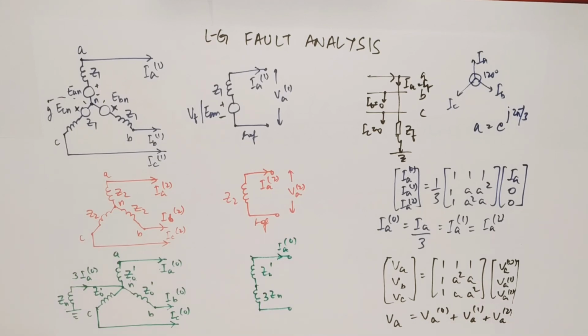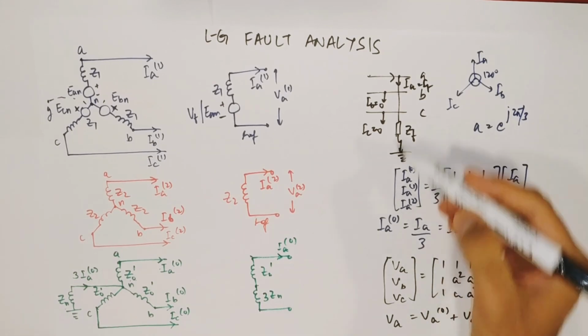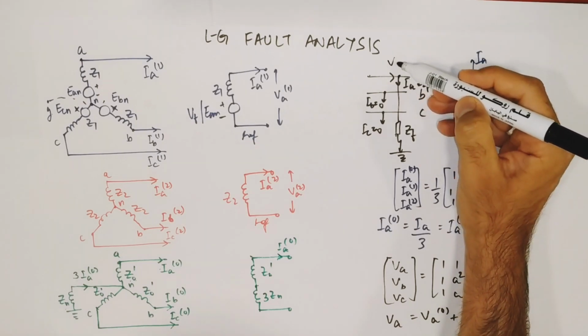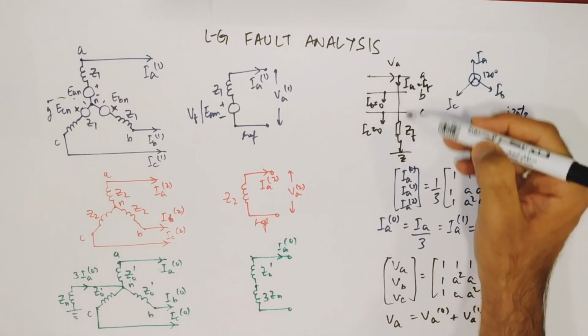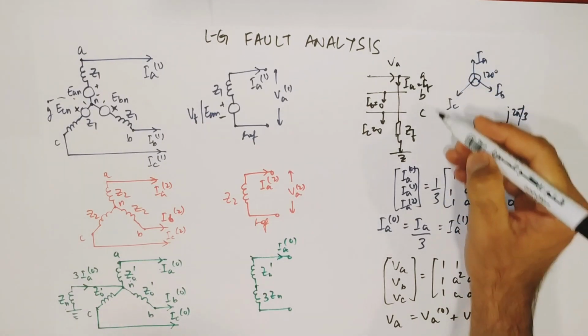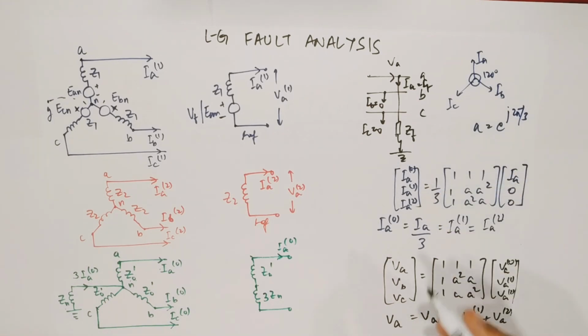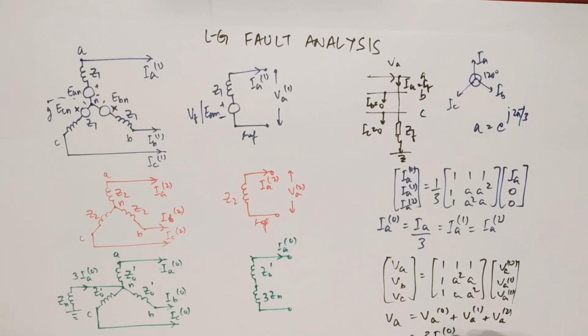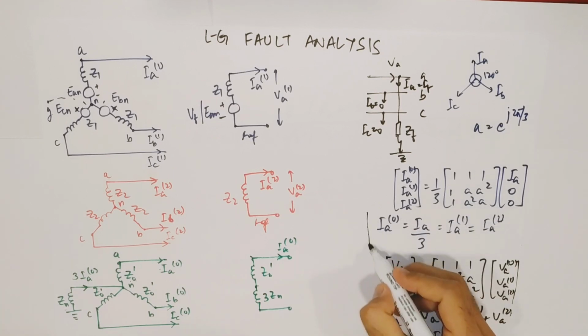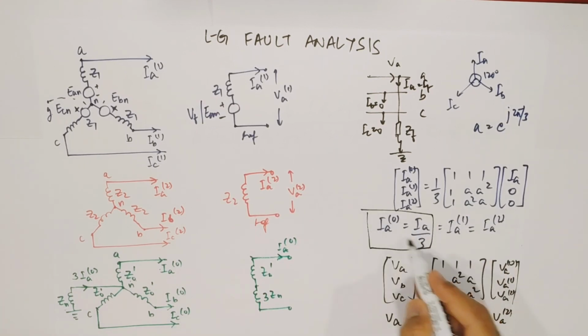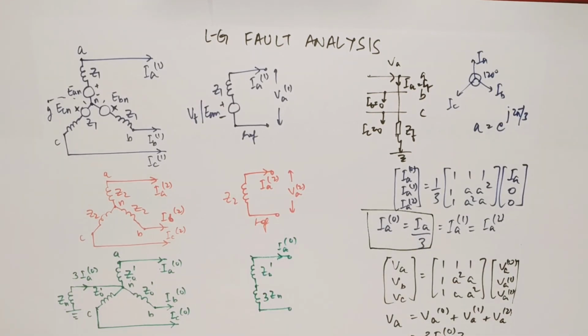So you are adding all these three, and VA, if you see here, this is your VA voltage here, so it is fault current, that is IA into ZF, or IA you can also write as 3 times IA0 into ZF. As you can see from this equation, you can write this value 3 times IA0. So this becomes your drop.